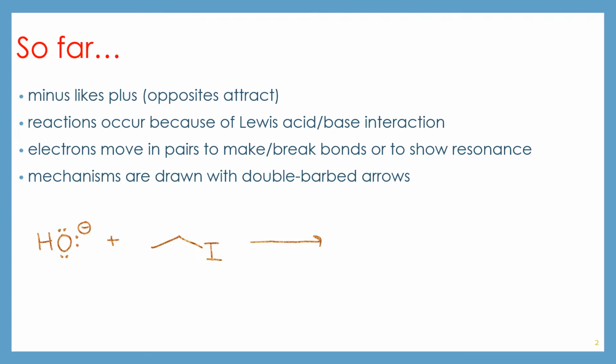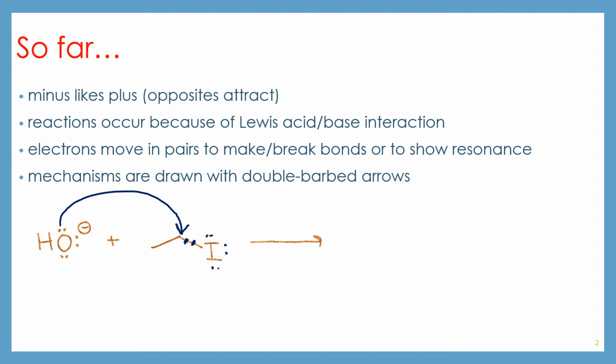So for example, in the SN2 reaction of hydroxide with iodoethane, we see a lone pair from any one of these lone pairs on oxygen attacking the carbon that's attached to the iodine.